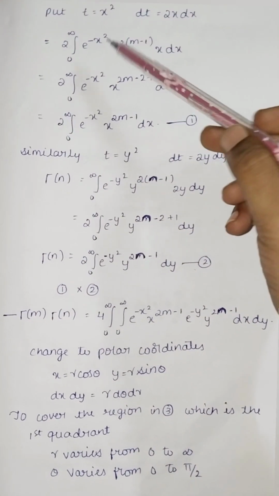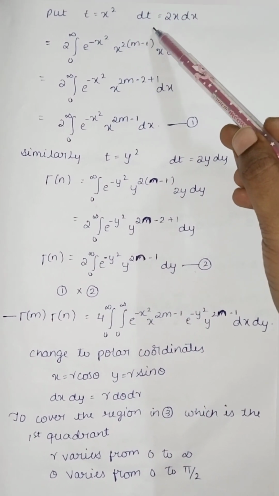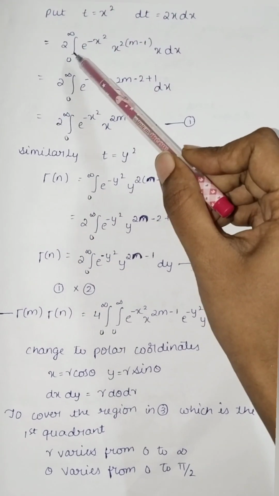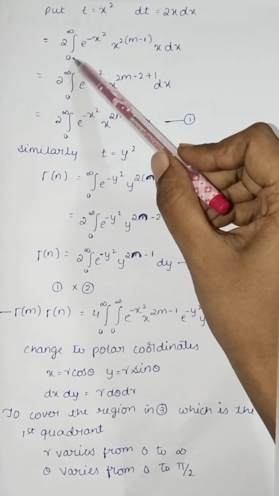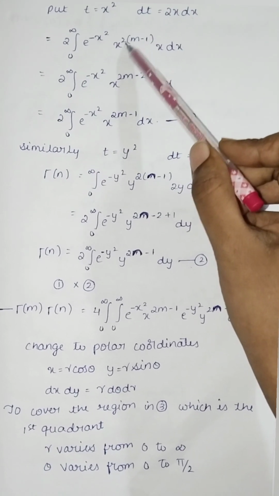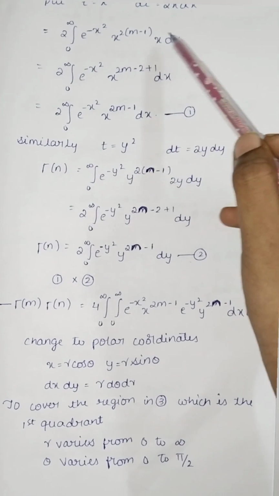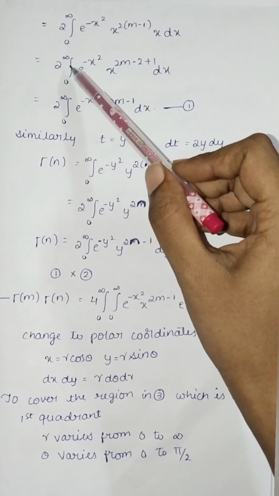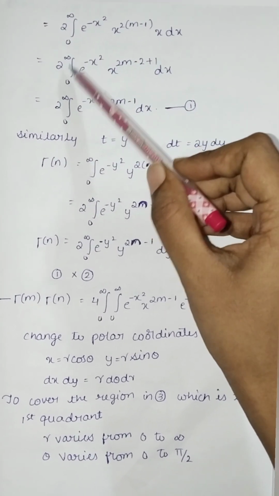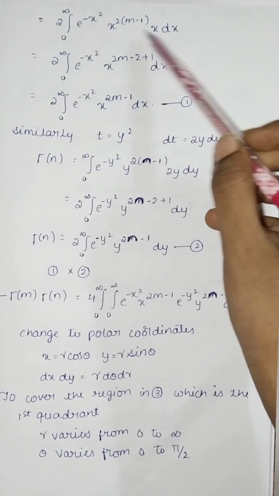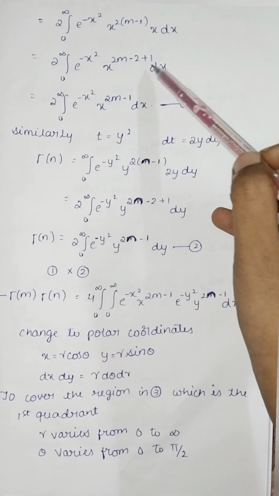And put t is equal to x square, then dt is equal to the derivative of x square, 2x dx. Then it becomes 2 into integral 0 to infinity e to the power minus x square and x square to the power m minus 1 x dx. And the constant I have written outside. So 2 into integral 0 to infinity e to the power minus x square x to the power 2m minus 2, and here the bases are the same and the powers should be added, plus 1 dx.